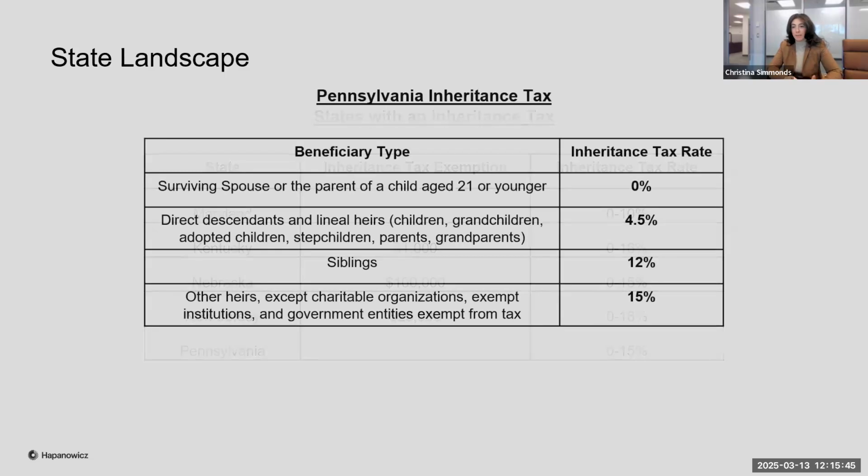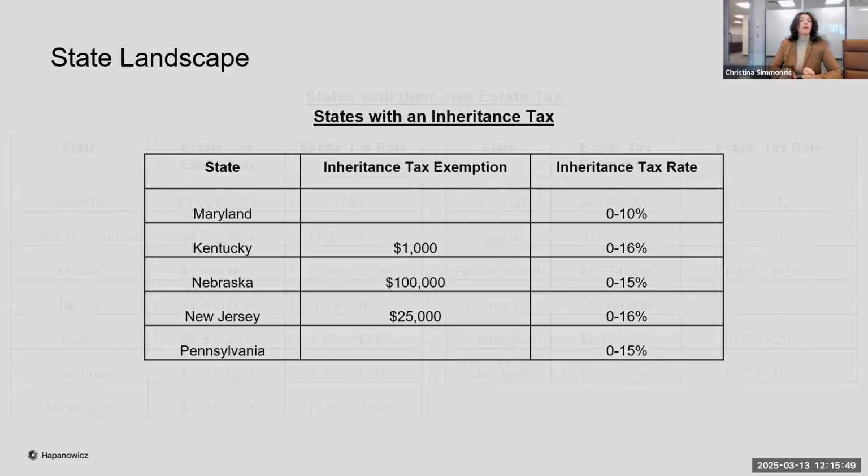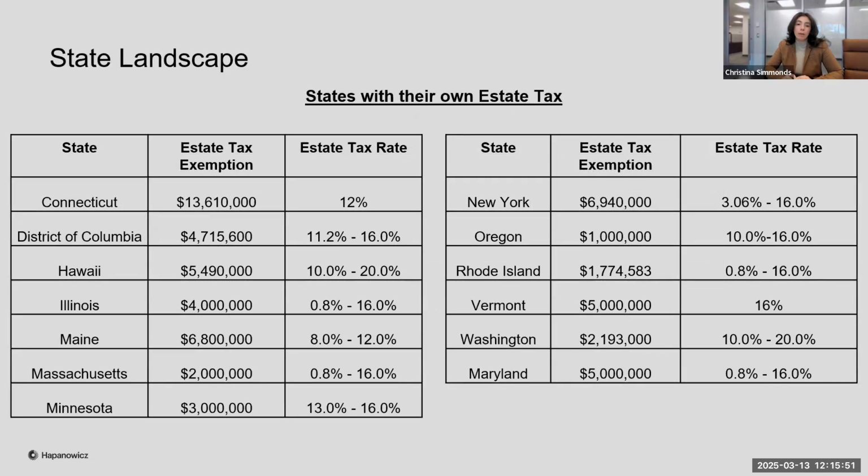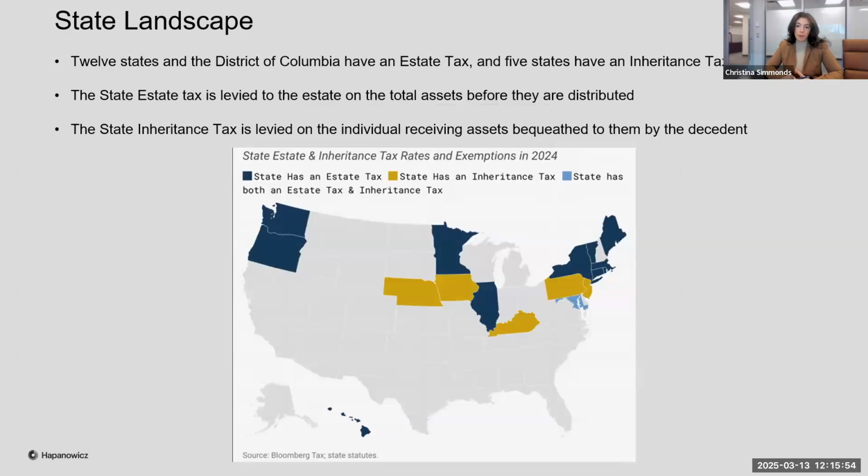Can you actually go back to the map just a minute? I just want to tie everything together for those watching and listening. So the blue state, Maryland, just to reiterate what you said, the lucky residents of Maryland have to potentially plan for federal estate tax and state estate tax.